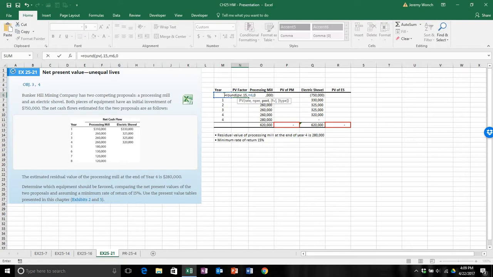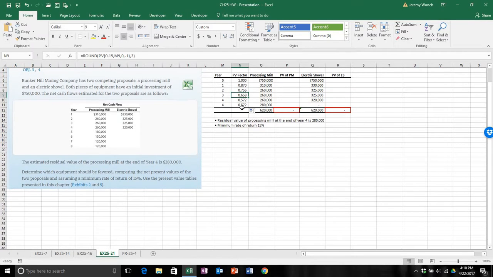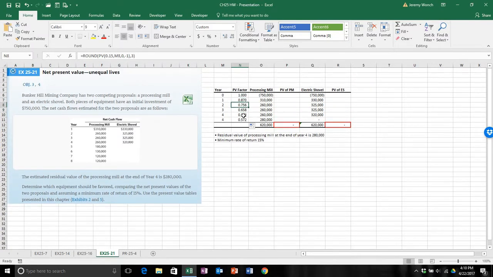Since we're doing our present value factor, we're going to use a -1, and we want to round this to 3 digits. Alright, so that gives us our present value factor for each year.